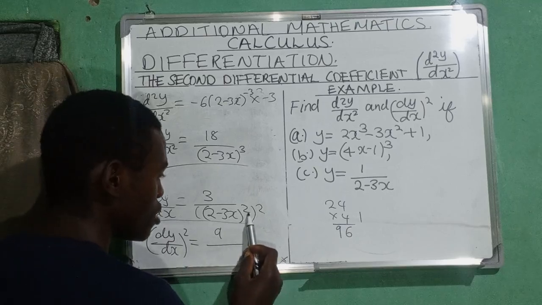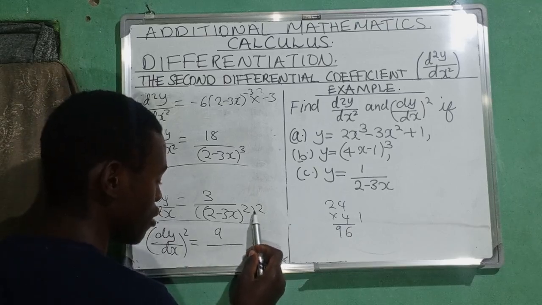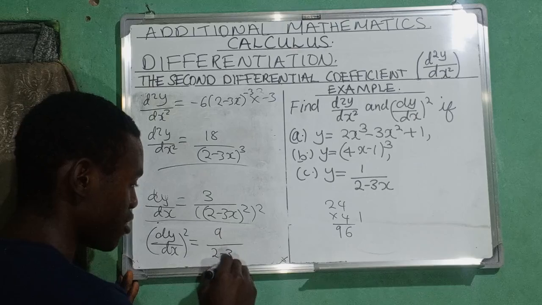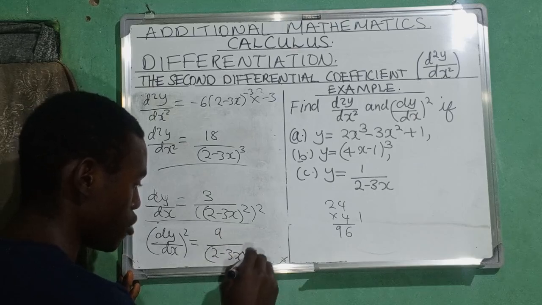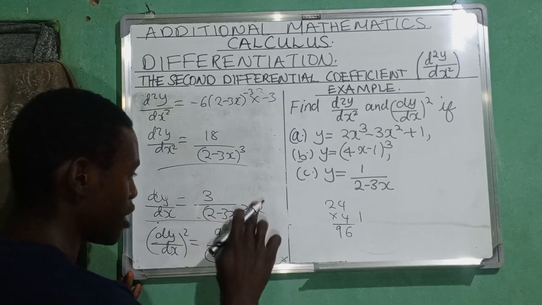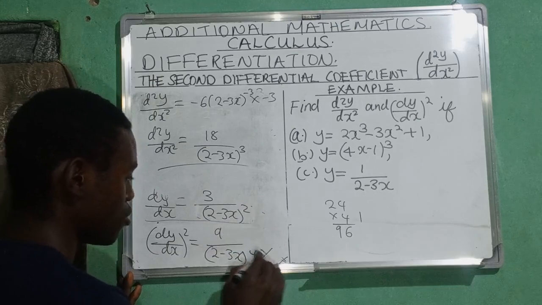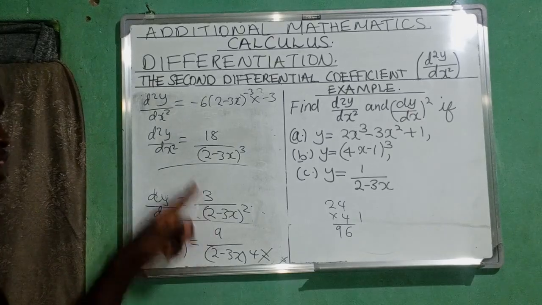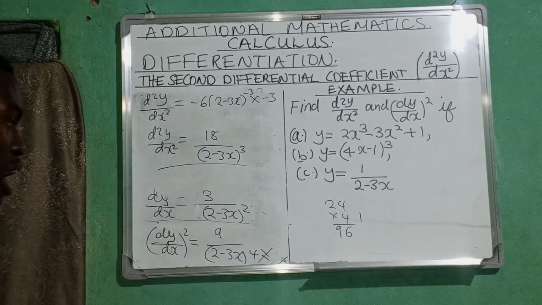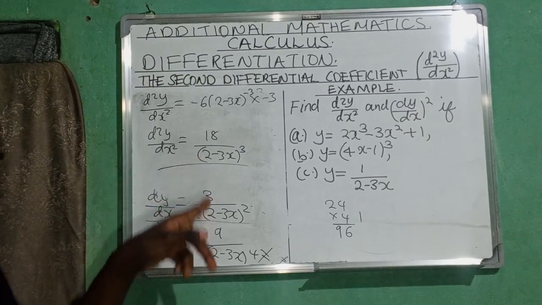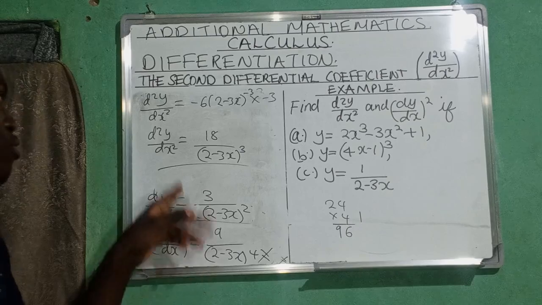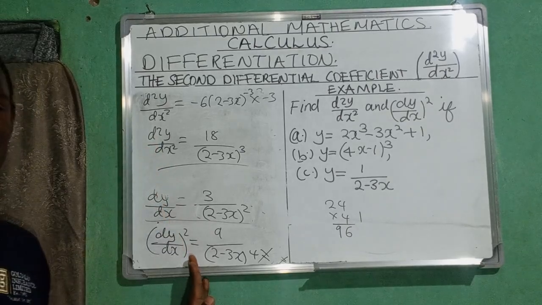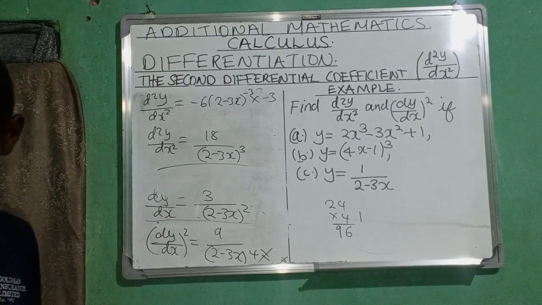Using the laws of indices, this is an index of an index. You just multiply the powers, so you're going to have (2 minus 3x) raised to the power 4 as a final answer, like that. This is your (dy/dx) squared, that is your d2y/dx2, and this answer is very different from this answer, proving that d2y/dx2 is not equal to (dy/dx) squared.